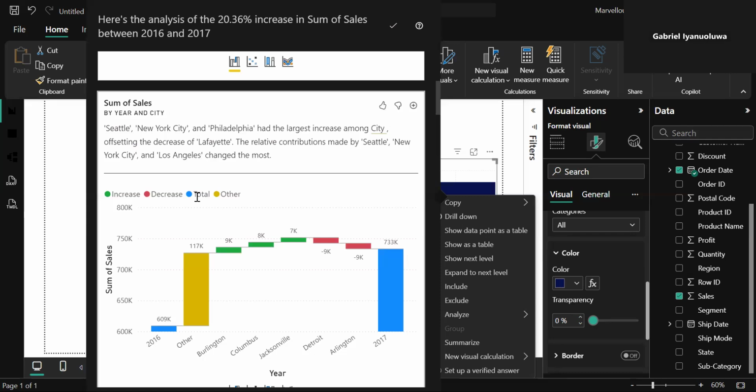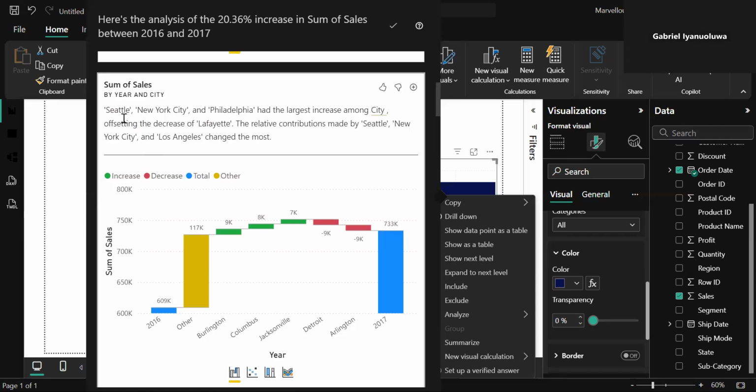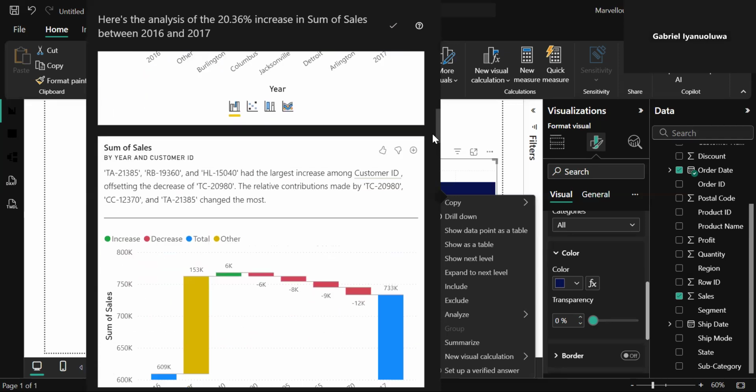So their total is blue, and other people that contributed as well, all together, their summation was put in yellow. Some others also contributed, but we are seeing those that contributed most. And of course, we have the explanation. Most times, we are going to see it in visuals, but it will tell us the engine room behind those increases. So that is by city of sales.